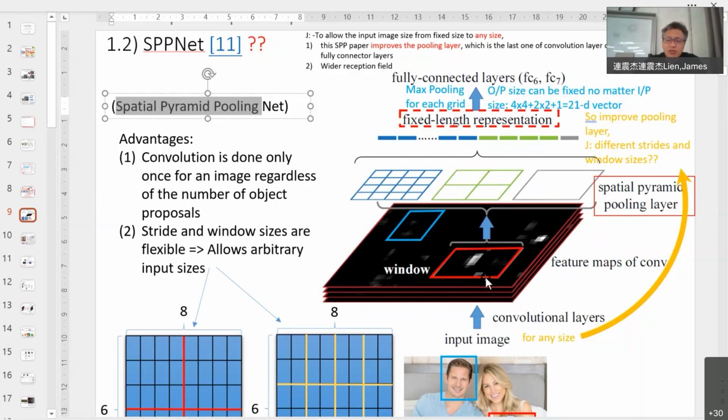No matter the image size, you divide it by the entire one and use one maximum pooling, so your output will be 1 by 1 across all maps.